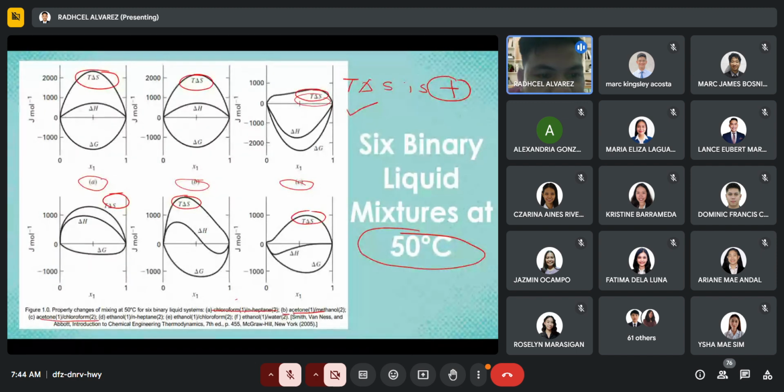So can you give me more observations about this one? Anong masasabi nyo kay delta G? Si delta G nandito sa una, tapos sa pangalawa nasa baba din. Ano masasabi niyo sa value ni delta G? Kung si T delta S ay positive, ano kaya yung mga value ni delta G?